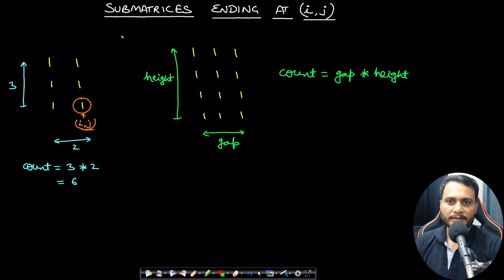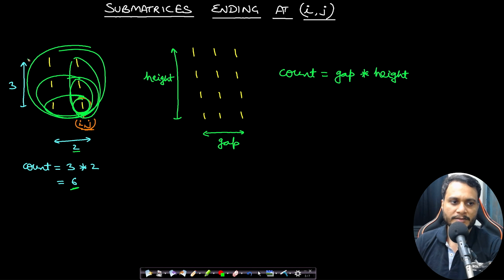If you know that, then you must have also understood that if i, j is the bottom right corner, and if you have the gap 2 and height 3, then the total number of submatrices ending at this point i, j will be gap multiplied by height, which is 3 times 2, it will be 6. 1, 2, then you have 3, and then you have 4, 5 and 6.